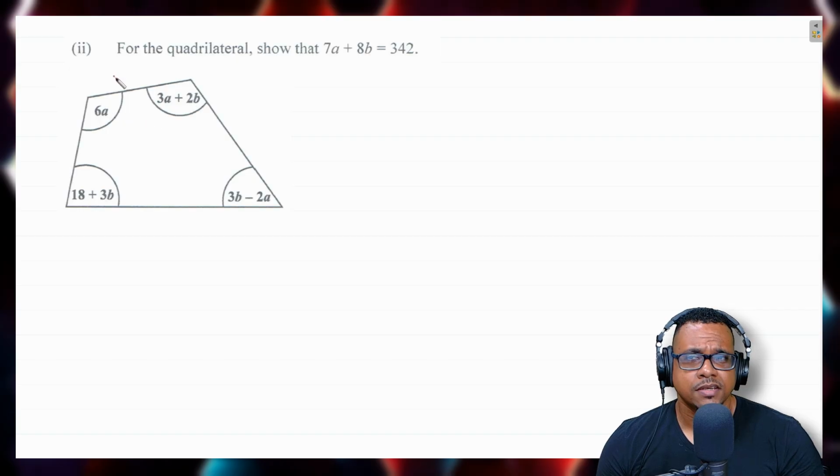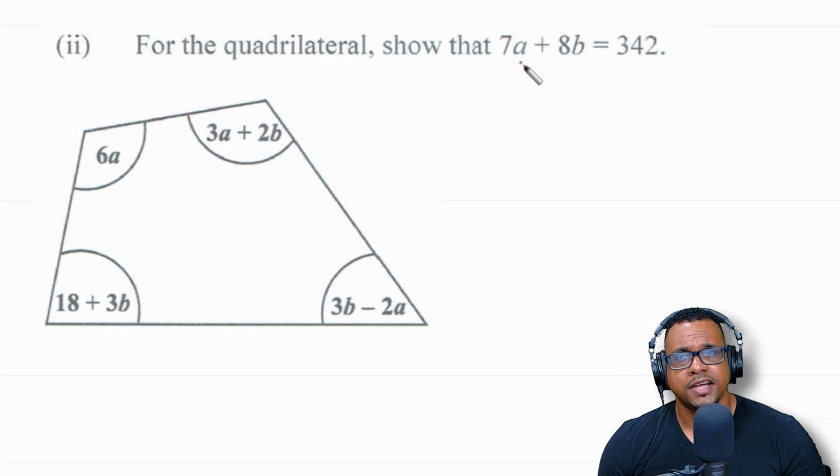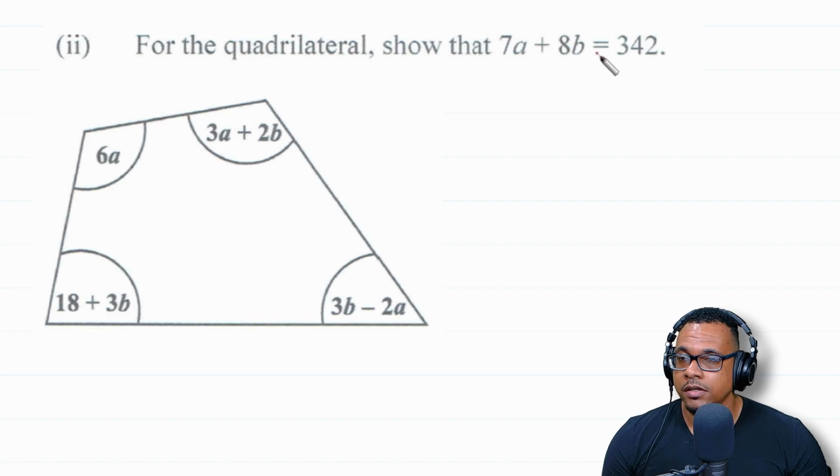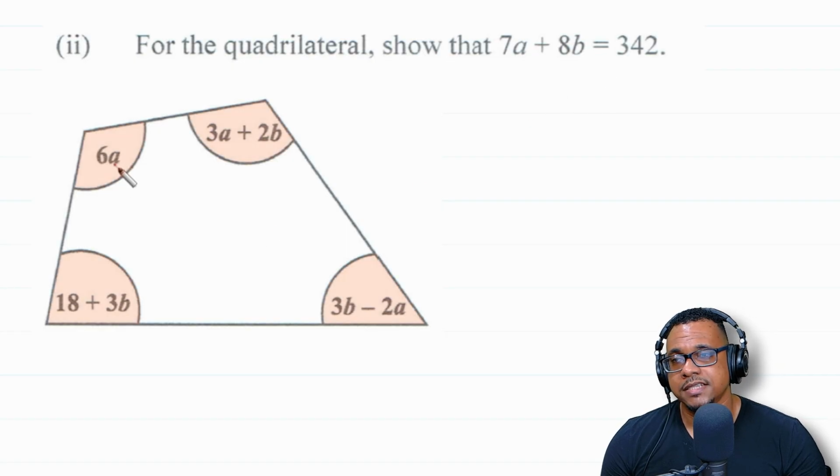Now, part 2 of the question, they have the quadrilateral, they want to show that 7A plus 8B is equal to 342. So again, same thing. All we have is the interior angles of the quadrilateral, and we know they're supposed to add up to 360.